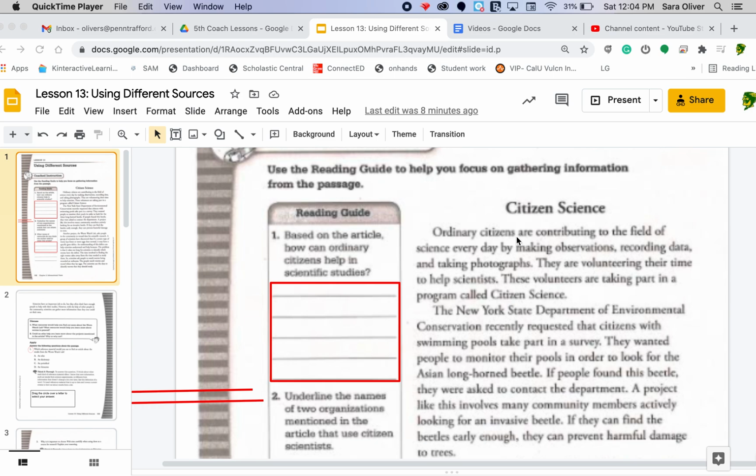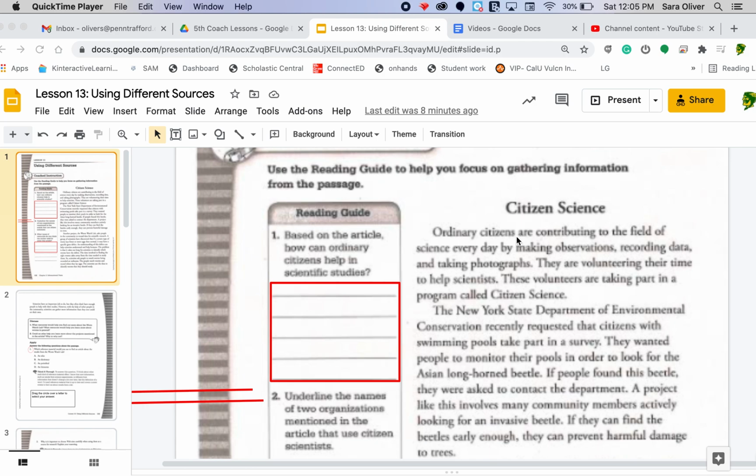Citizen science. Ordinary citizens are contributing to the field of science every day by making observations, recording data, and taking photographs. They are volunteering their time to help scientists. These volunteers are taking part in a program called Citizen Science. The New York State Department of Environmental Conservation recently requested that citizens with swimming pools take part in a survey.